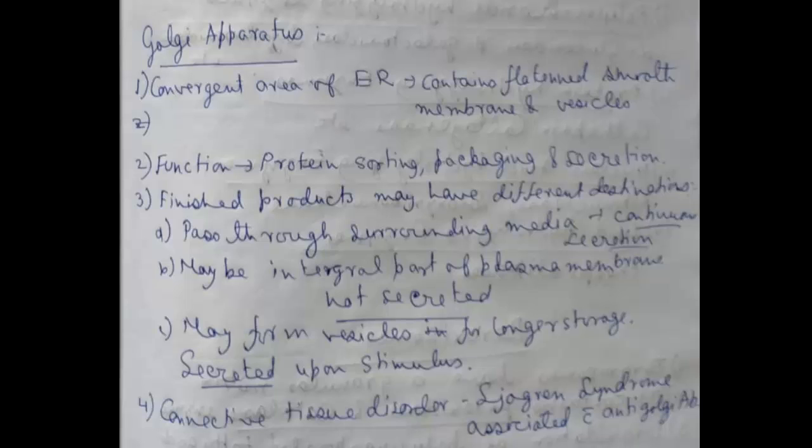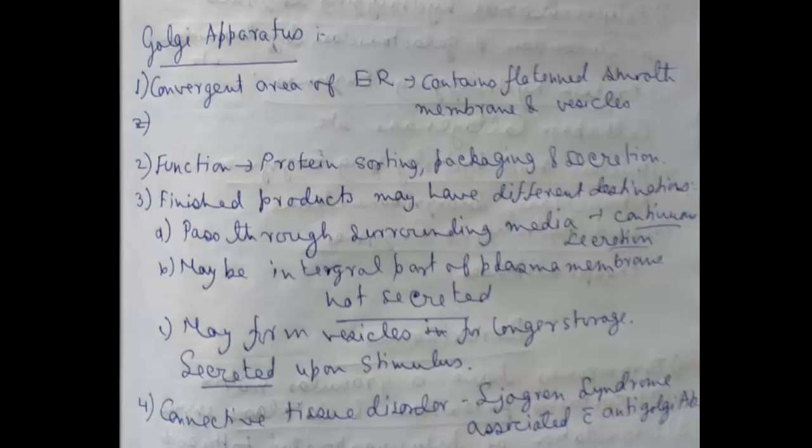It may be an integral part of the plasma membrane, but these are not secreted. It may also form vesicles for longer storage. These vesicles are ruptured under a specific stimulus and secreted upon that.